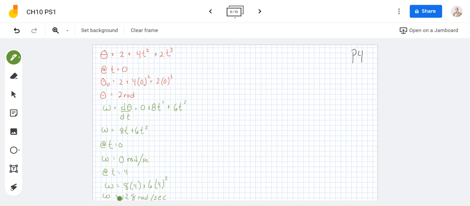So it's moving at 128 radians per second. Now, keep in mind that a radian is about a third of a way around a circle.